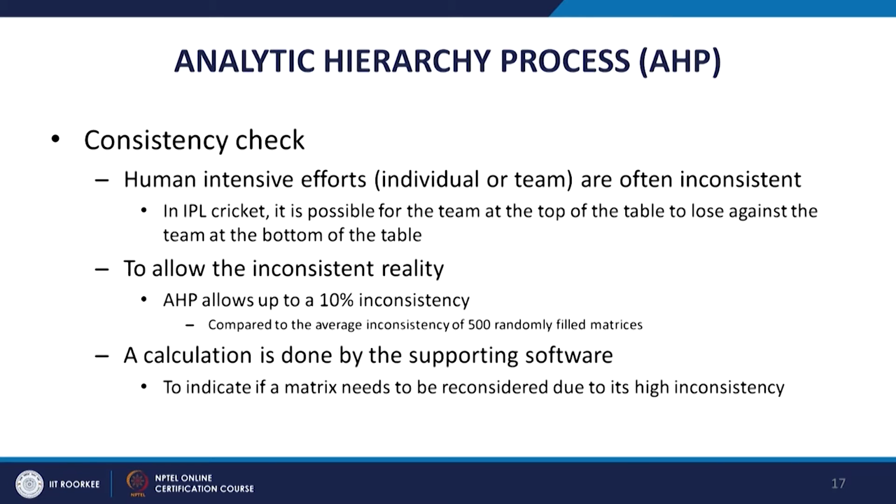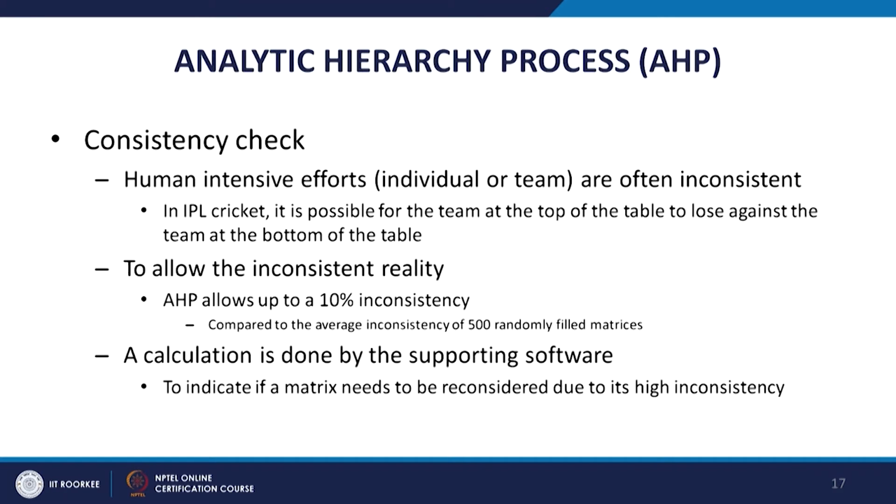Now, how much inconsistency is allowed? Do these comparison matrices that we construct need to be 100% consistent, or is some lower level of inconsistency allowed? For this there are certain things that have been suggested. Certain low levels of inconsistency have been allowed.